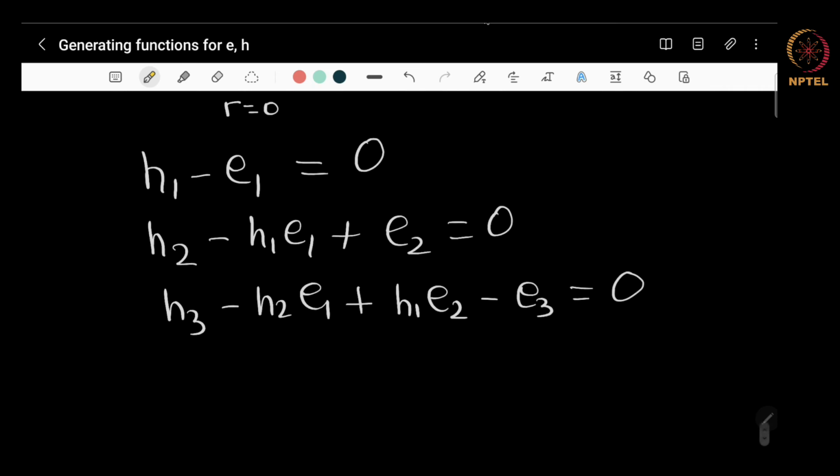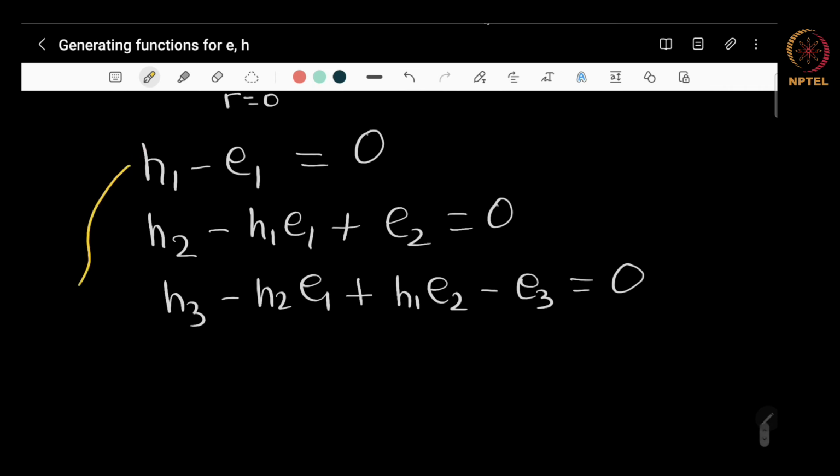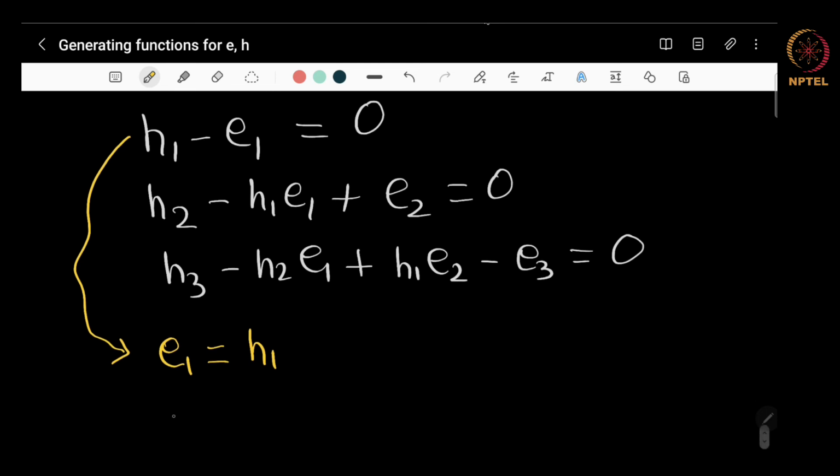So let's do one of them. Let's assume we know h and we want to compute e. From the first equation, e1 equals h1. Now I substitute that into equation 2 and conclude that h2 minus h1 squared equals minus e2.